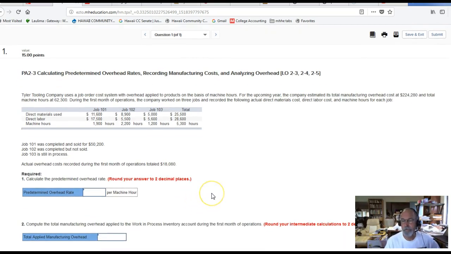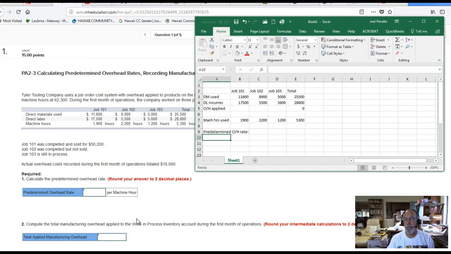Okay, so in this problem we're not using T accounts, and so it might be a little bit harder to get a visual on what's happening here. Okay, so what I've done here is I'm just using a blank Excel worksheet to do some of our calculations.